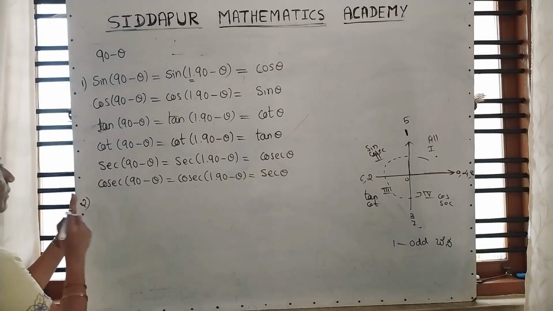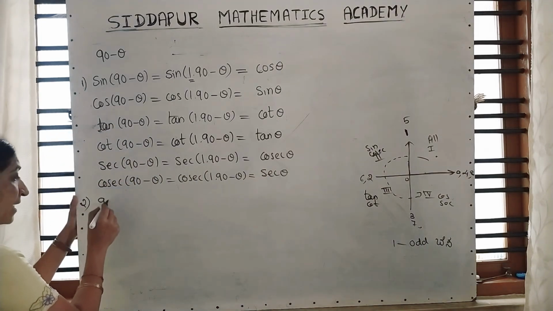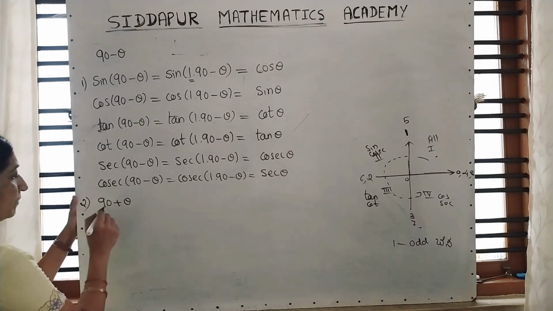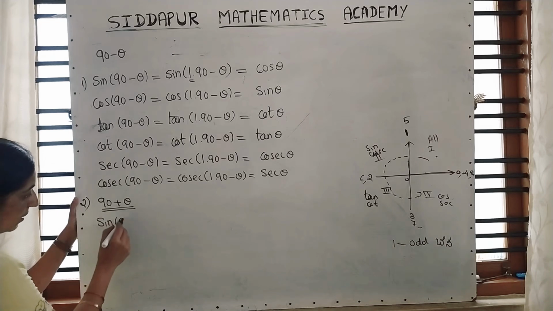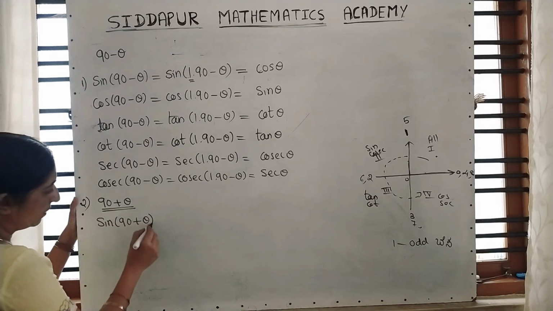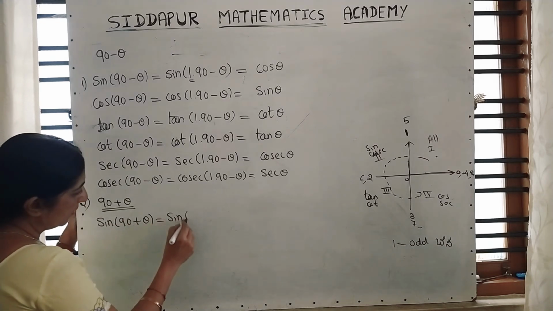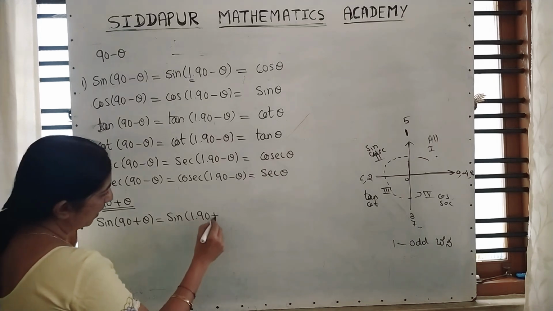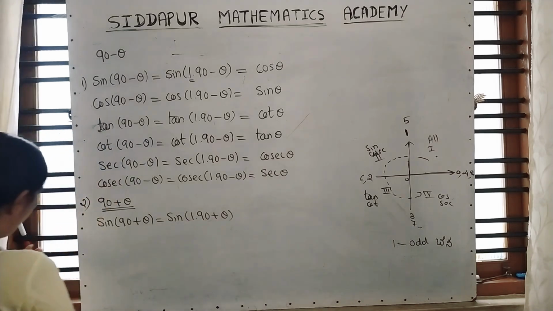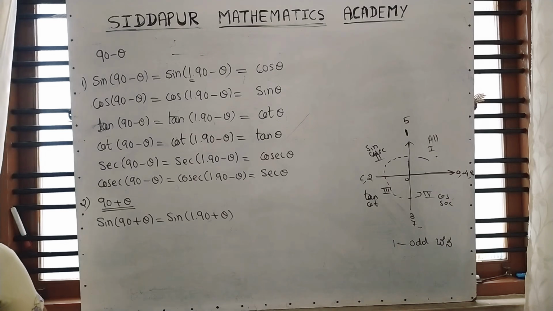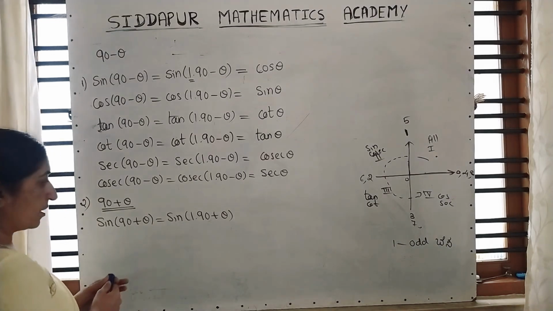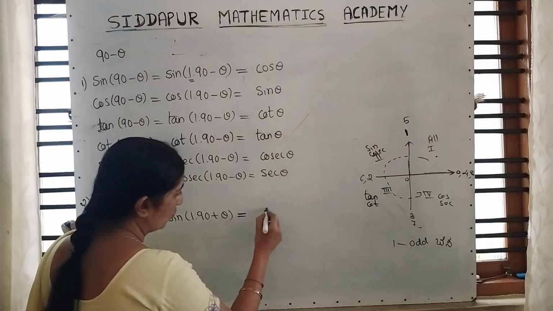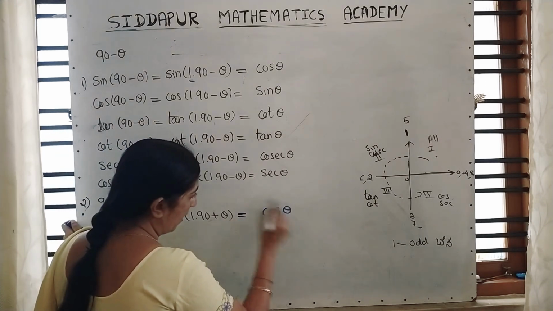Moving to the second one, 90 plus theta. Write down all the trigonometric terms. Sin of 90 plus theta is written as sin of 1 into 90 plus theta. Now, you tell me in which quadrant it comes. First, the coefficient is odd, so sin changes to cos.